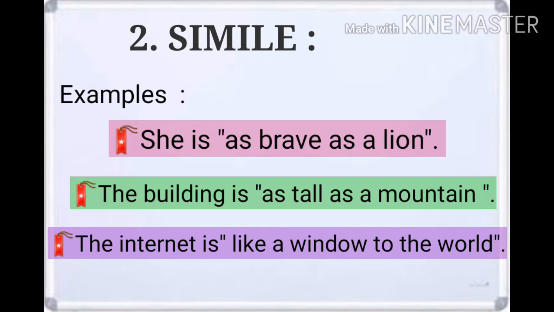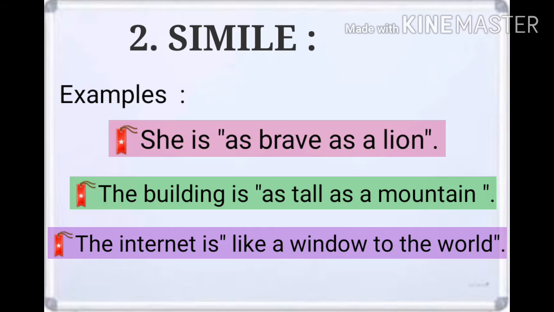Let's come to the second example, which is the building is as tall as a mountain. So here also two unlike things, a building and a mountain, are compared. But it does not mean that the height of building is same as that of a mountain. It just simply means that the building is really very tall.